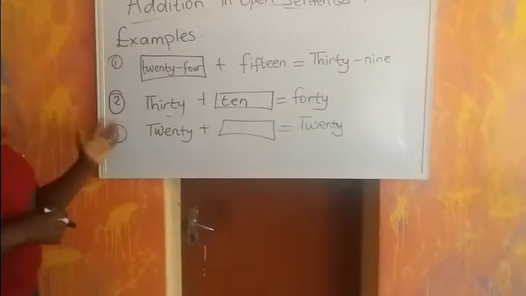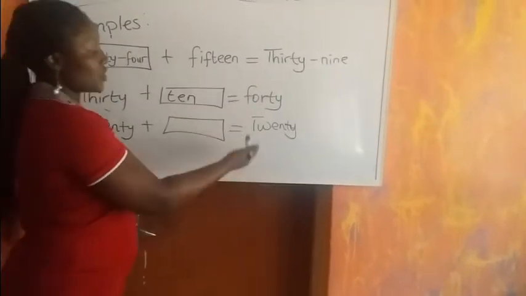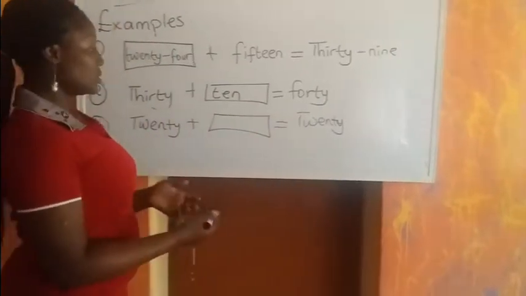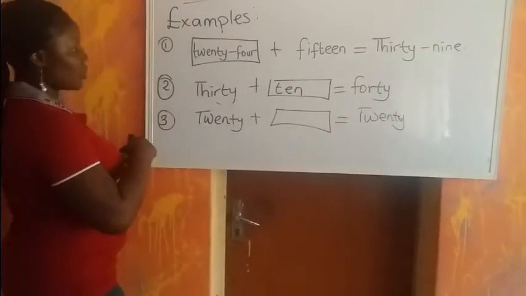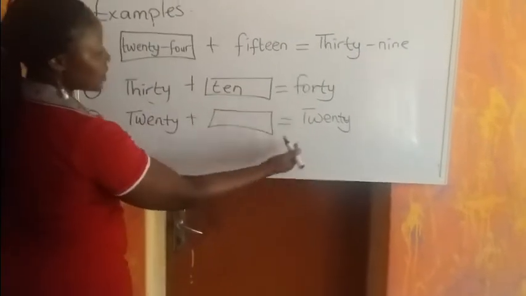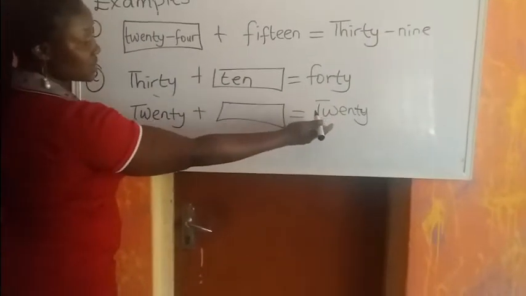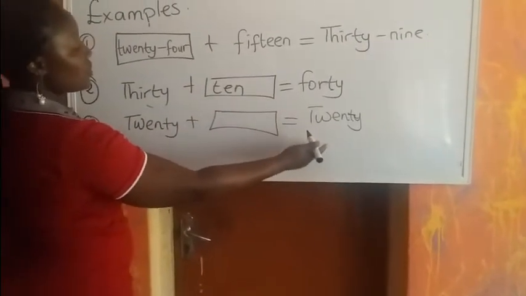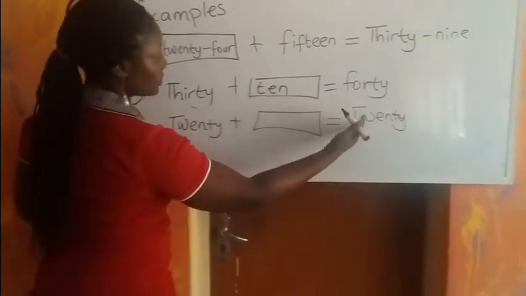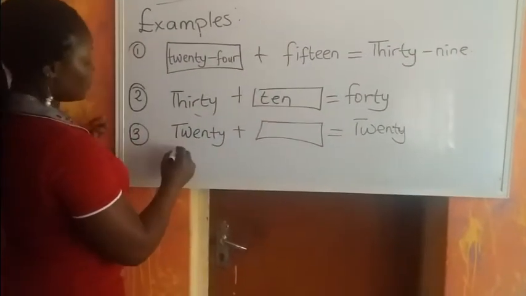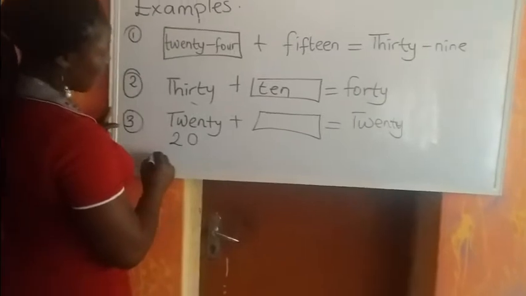What number will you add to 20 to give you 20? You still take the normal process. We already have our final answer, which is 20 here after the equal sign. You take away this 20 from this answer, which is 20 minus 20.